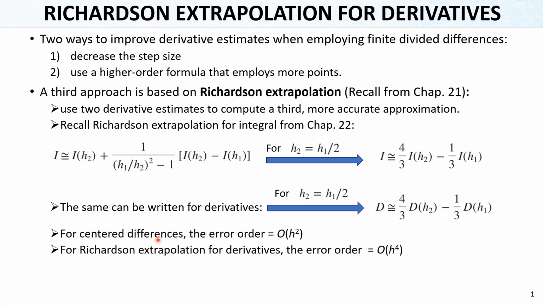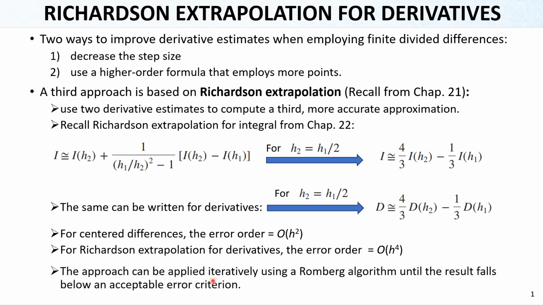For centered differences, you know that the centered difference approximations are the most accurate compared to forward and backward finite divided difference formulations, and the error is h squared. But for the Richardson extrapolation, for this one, for example, the error order is h to the power 4. So it's much more accurate, you can see.